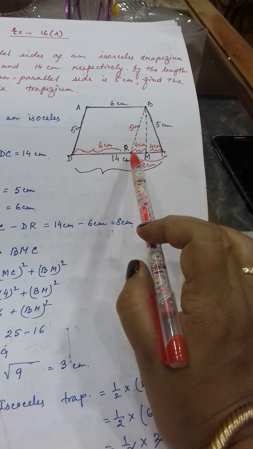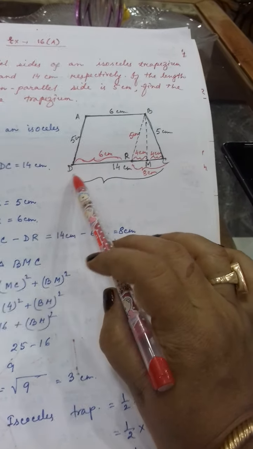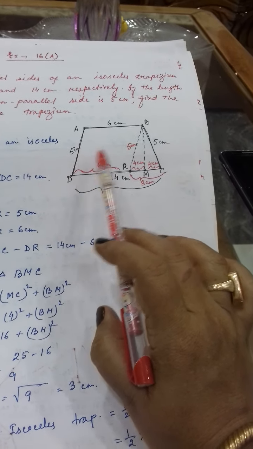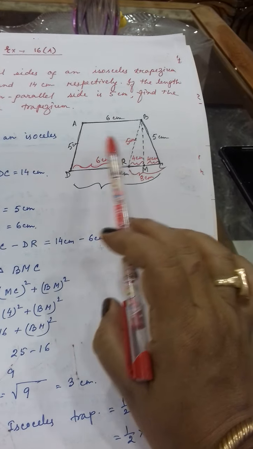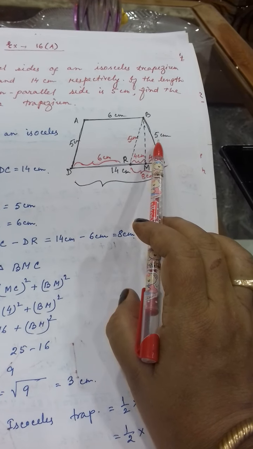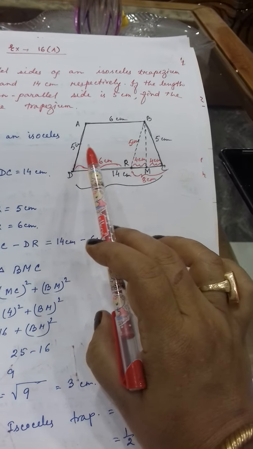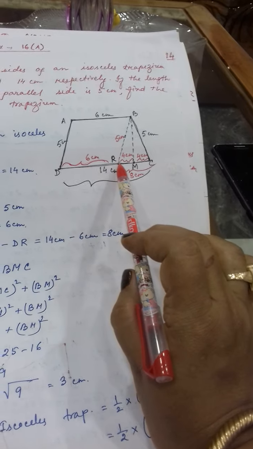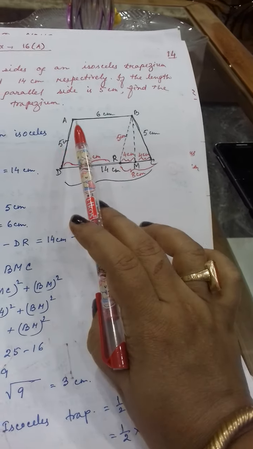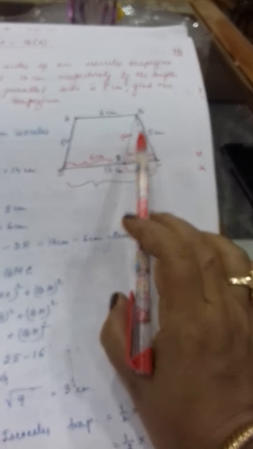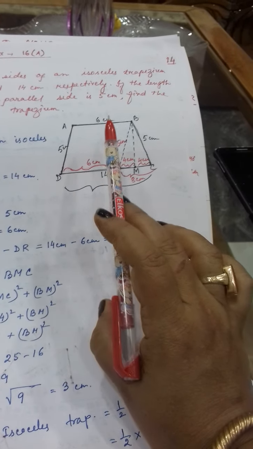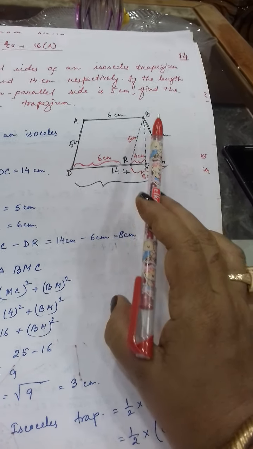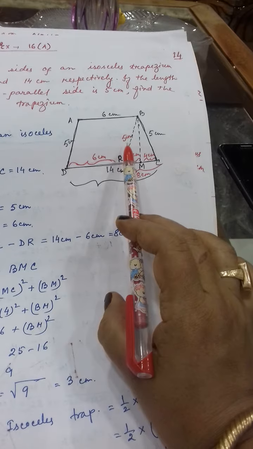Now as BR is parallel to AD, and AD is 5 centimeter, because its non-parallel side is given 5 centimeter, both are 5 centimeter because it is an isosceles trapezium. So then this figure ABRD, it is a parallelogram. Clear or not? And in a parallelogram opposite sides are equal and parallel. So if AD is 5 centimeter, then BR also will be 5 centimeter.